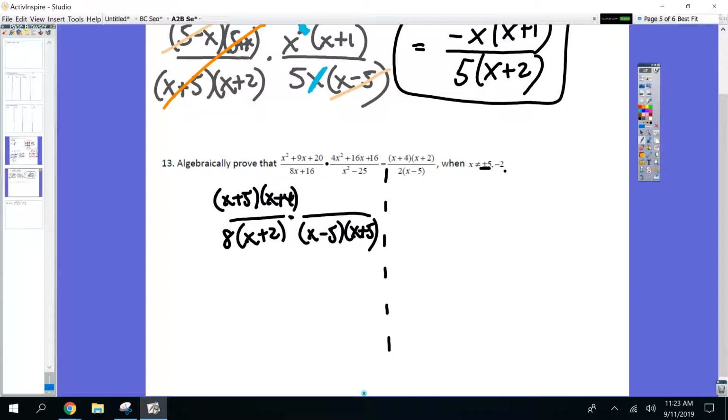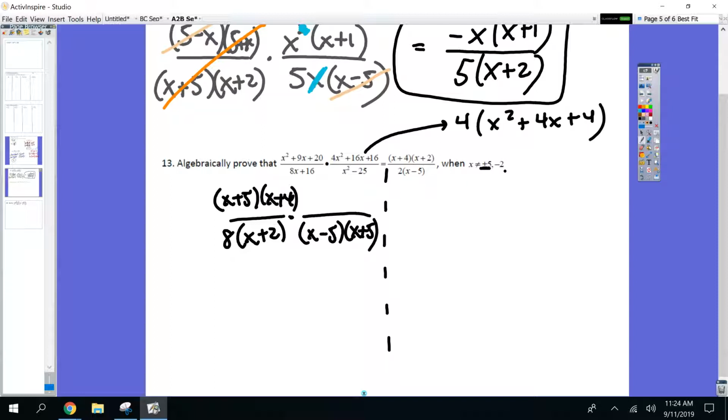What are you thinking about first on that last one? Art? Take out a GCF. Yep. I'm just going to do it off to the side here because I think we may have to factor again. So I don't want to do all this mess here. Ready? If I take out a 4, I'm left with x squared plus what? 4x plus 4.